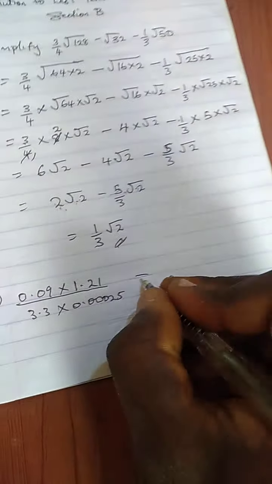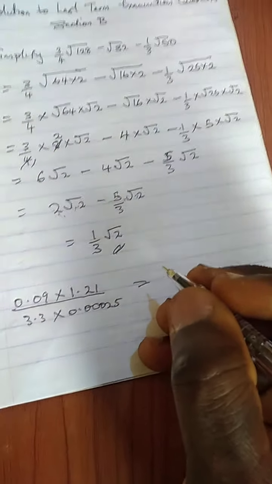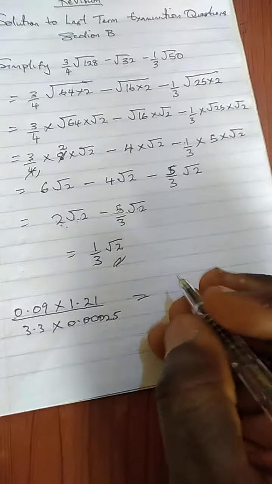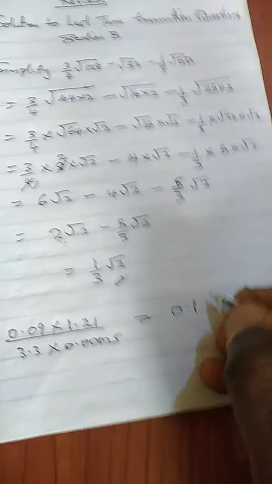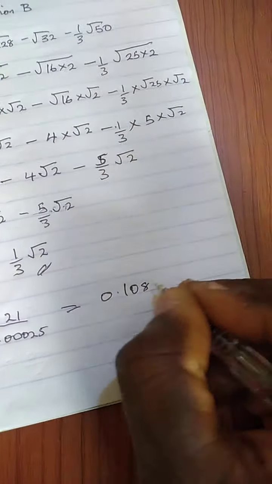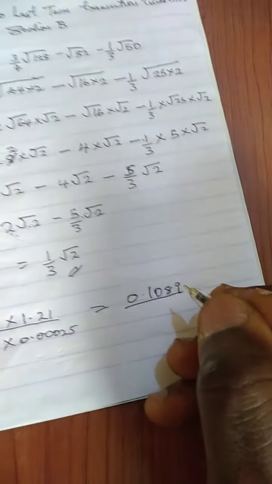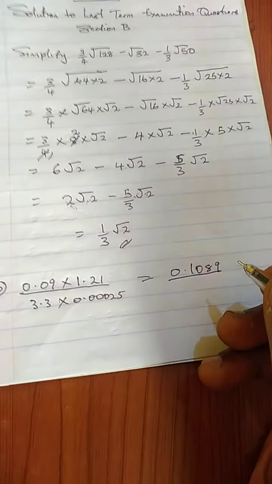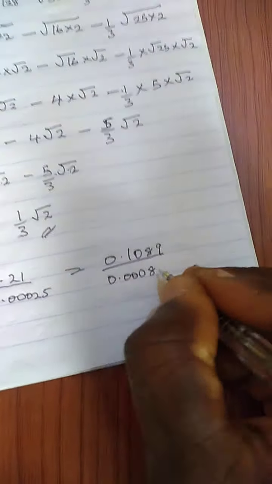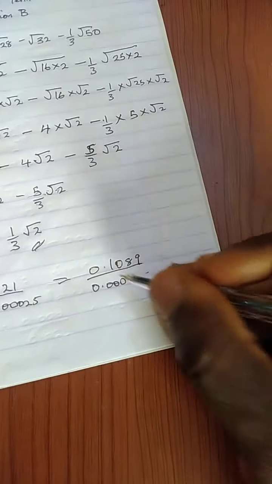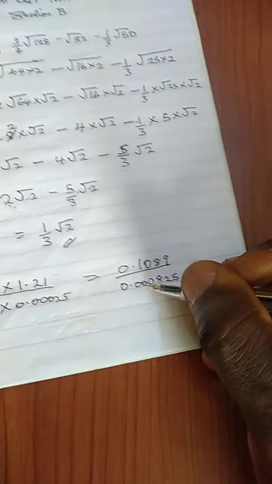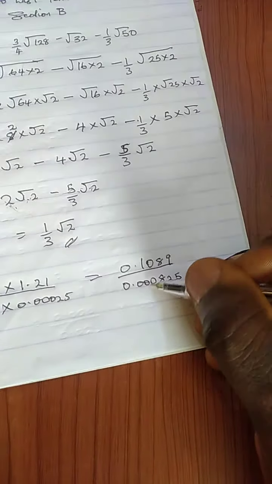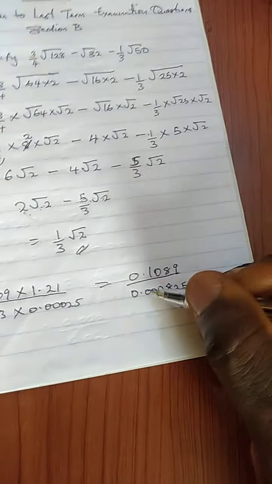When we multiply 0.09 times 1.21, what we have is 0.1089, divided by, when we multiply the denominator, 3.3 times 0.00025, what we have is 0.000825. So what we need to do here is simply divide the numerator by the number in the denominator.